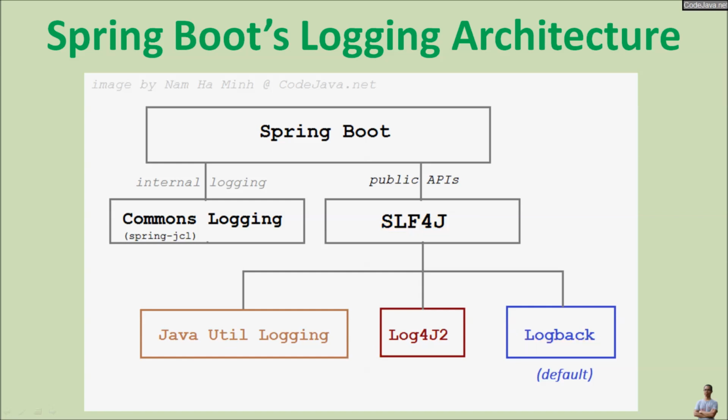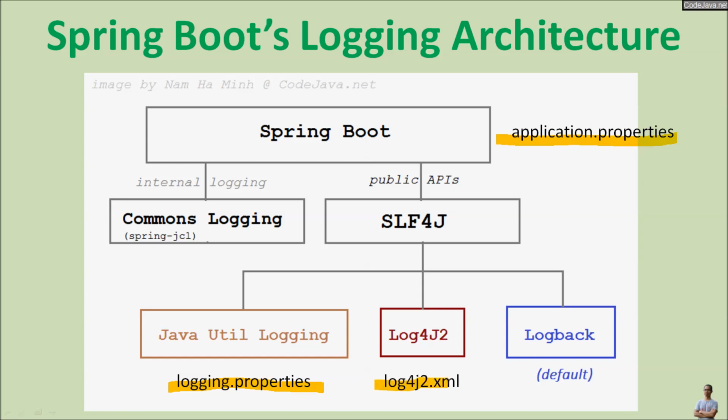By default, logback is the logging framework used by Spring Boot. We can configure logging through the Spring Boot configuration file, application.properties, or through the configuration file of a specific logging framework: logging.properties for Java Util Logging, log4j2.xml for Log4j2, or logback.xml for Logback.